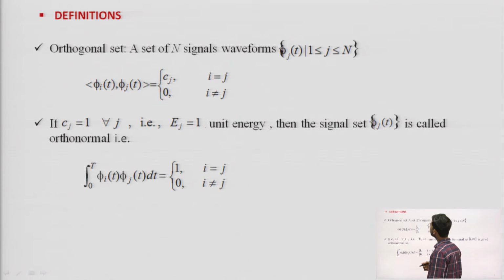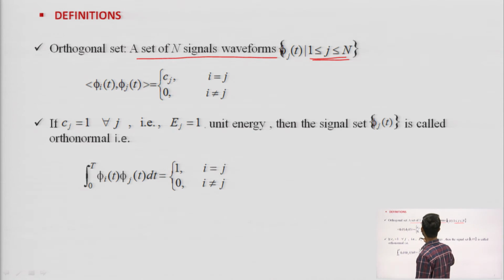Now, what is an orthogonal set? So, a set of n signal waveforms, that is phi j t, where j lies between 1 to n. Okay, a set of n signals. So, if the inner product equals Cj, some constant, when i equals j, and 0 when i is not equal to j.